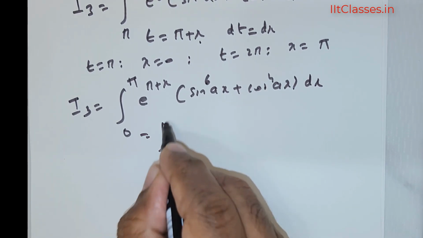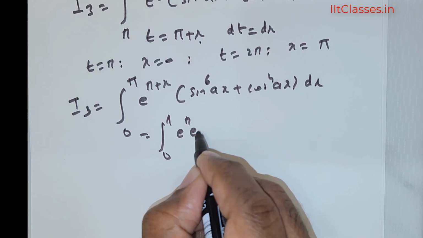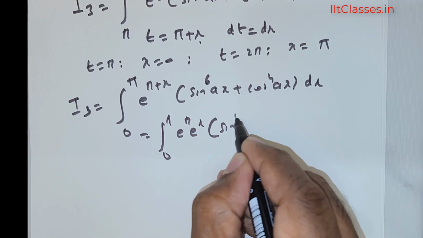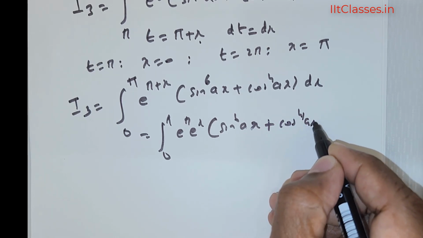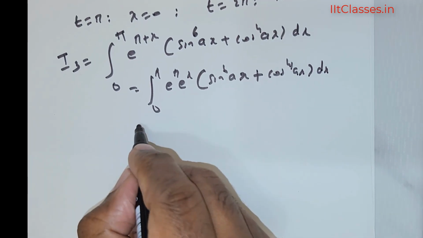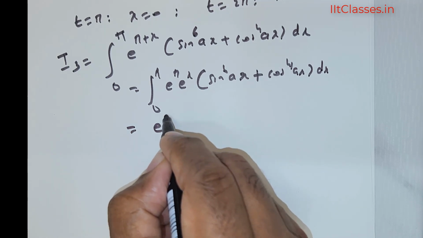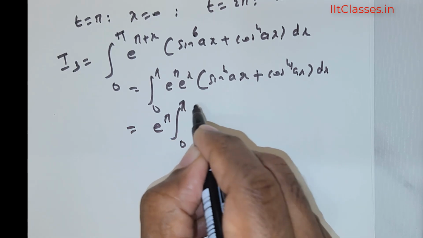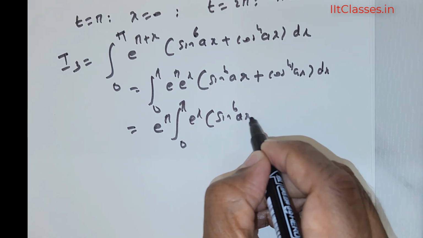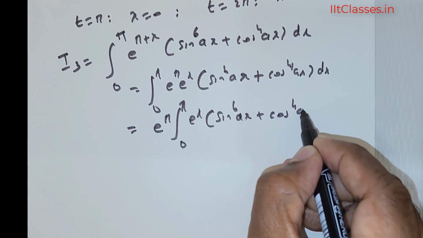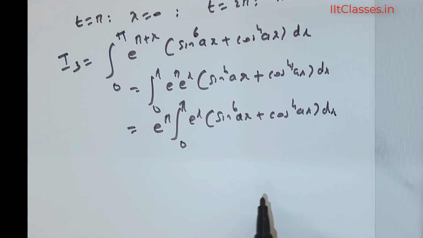I can rewrite this as the integral 0 to π of e^π times e^x times (sin^6(ax) + cos^4(ax)) dx. I can rewrite this further as e^π times the integral 0 to π of e^x (sin^6(ax) + cos^4(ax)) dx.